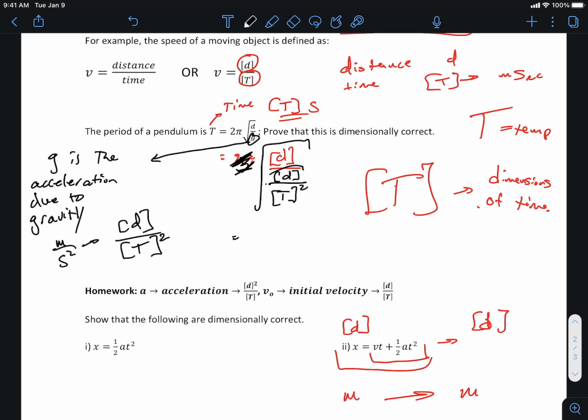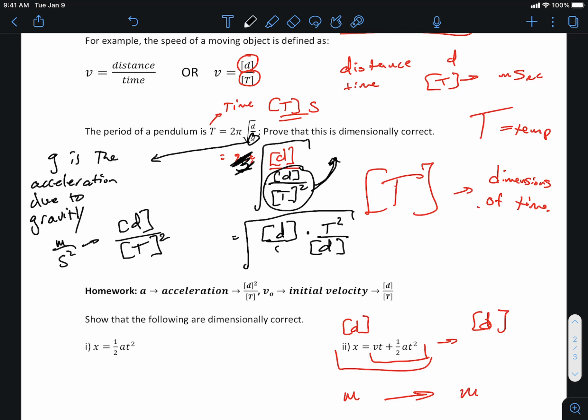We take whatever's in the denominator, we can bring it to the numerator and multiply by the reciprocal. So we're going to get d multiplied by t squared over d. So you guys can see I've taken it from the denominator and I've moved it to the numerator, and in doing that I flipped it, and this is all square rooted.